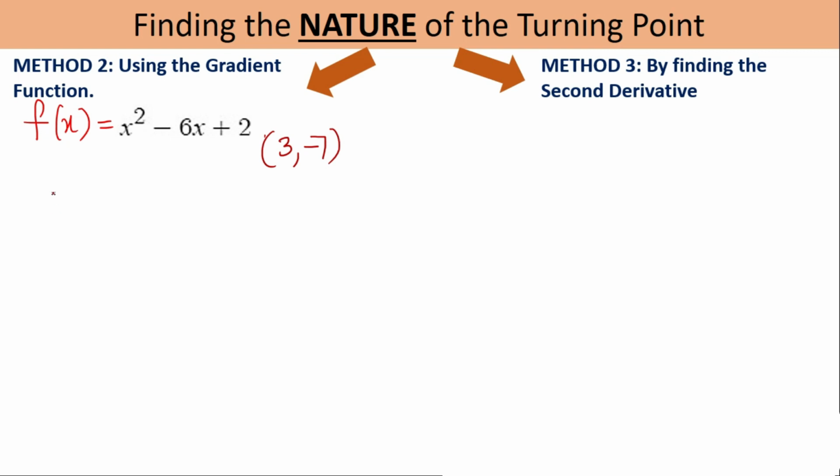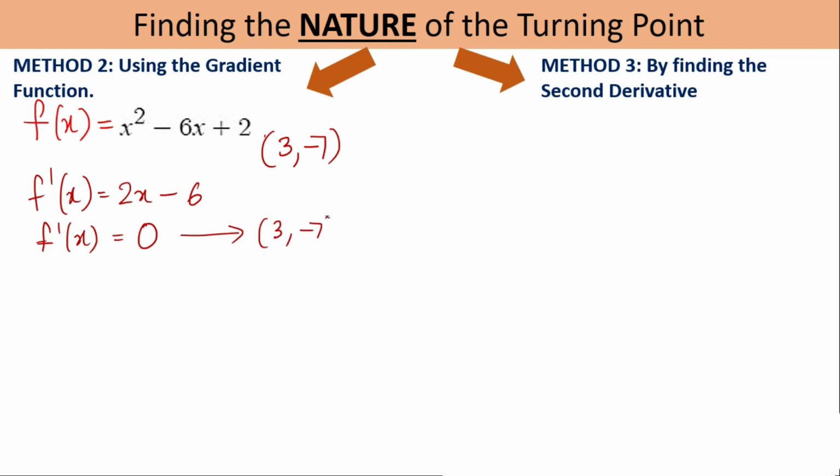So using the gradient function, I will find f dash of x first, which is 2x minus 6. Now we know that the gradient is equal to 0 at the point 3, -7, which means when x is 3, you have a gradient 0. Now I'll take two values, less than and more than 3.